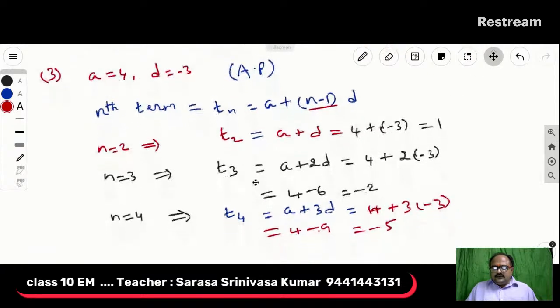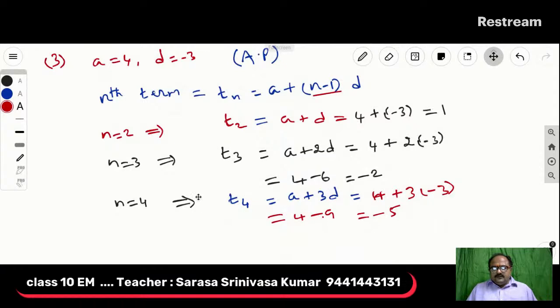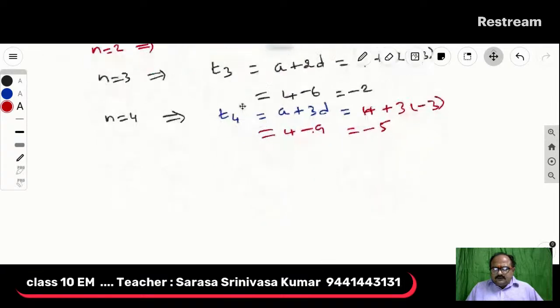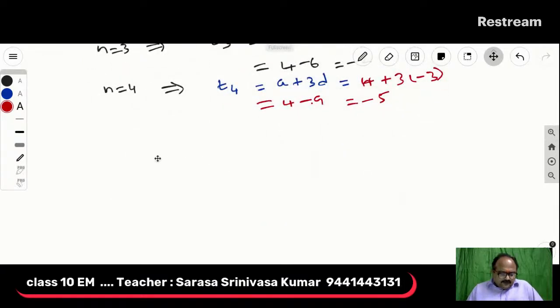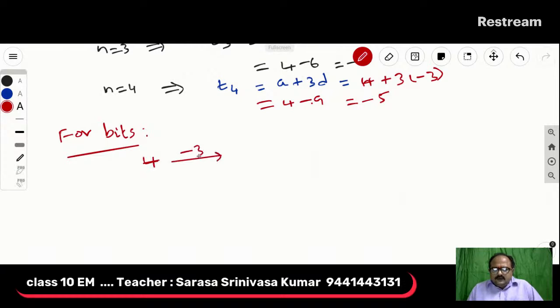So we have calculated T1, T2, T3, T4. Already T1 is given. a equal to T1, that is equal to 4. We need not calculate this. It is already given. Now, for bit paper, we should not do all these calculations. For bit paper, we can write a is 4, minus 3, that is 1.